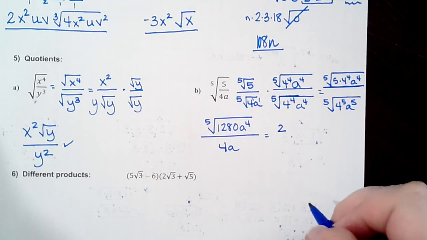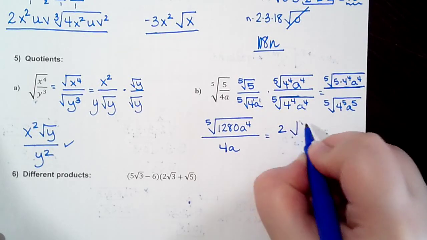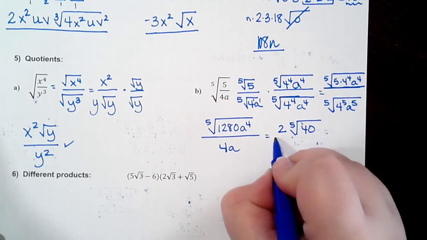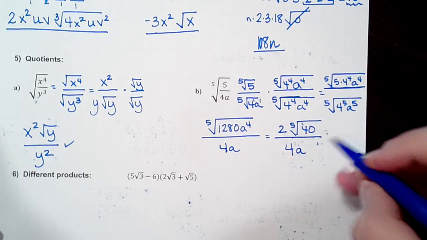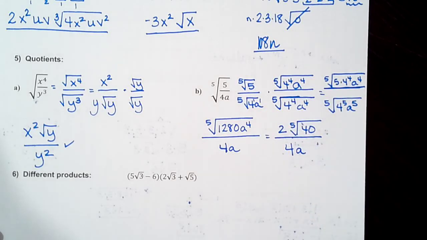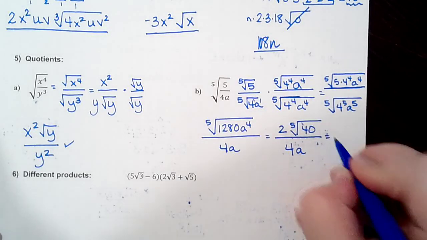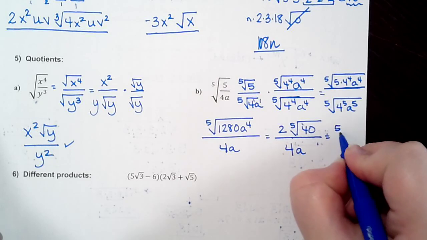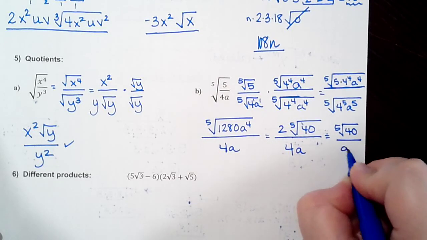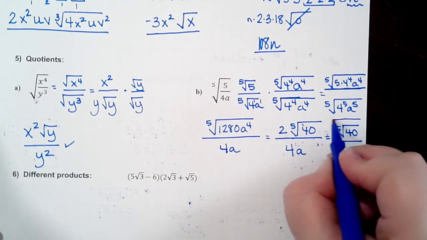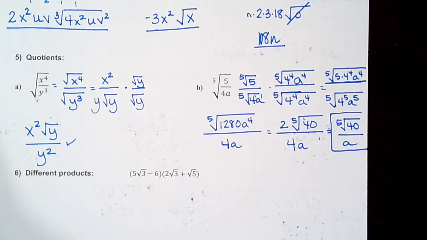So I have a 2 out in front. And what I'm left with inside is the 5th root of 40, which can't be broken down any further, of course, over 4a. However, you should notice that 2 divided by 4 can be reduced into 1 over 2, or the 5th root of 40 over 2a. That is our final answer.